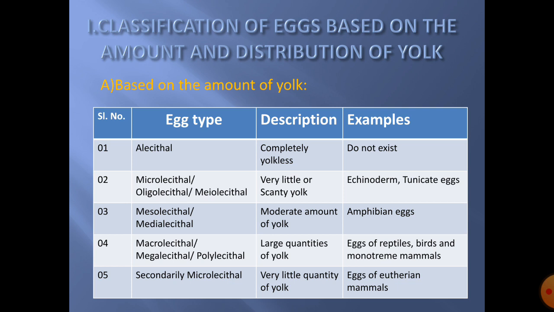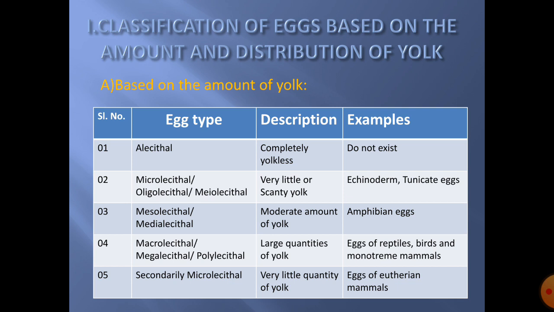And we have one more type, secondarily microlecithal eggs, also characterized by very little quantity of yolk being present in the cytoplasm. Eggs of eutherian mammals belong to this category. Why are they called secondary? Because when there is a shift from oviparity to viviparity, that is from egg laying phenomenon to giving birth to the young ones directly, there developed the concept of placenta to take care of the young ones.